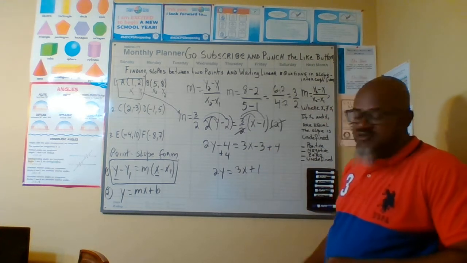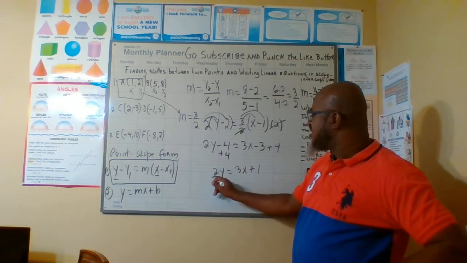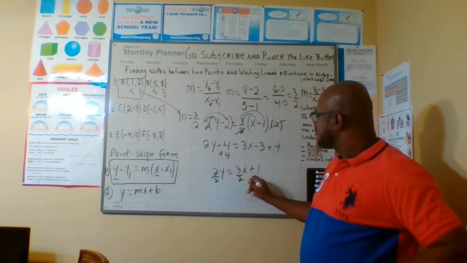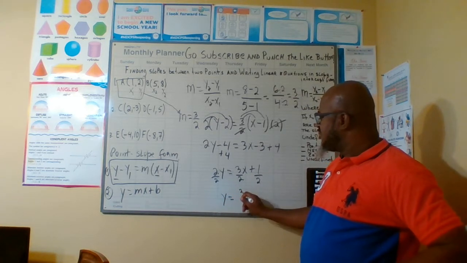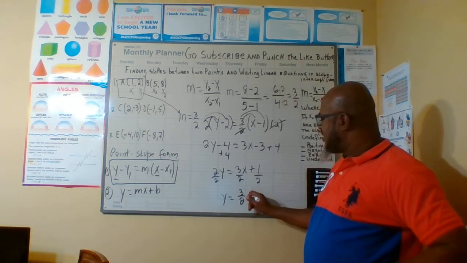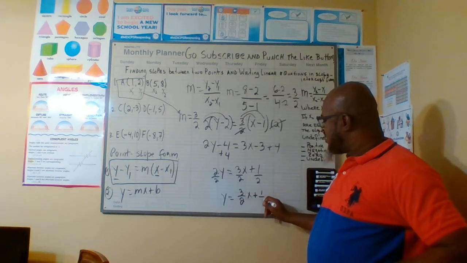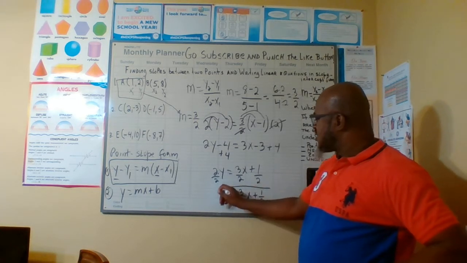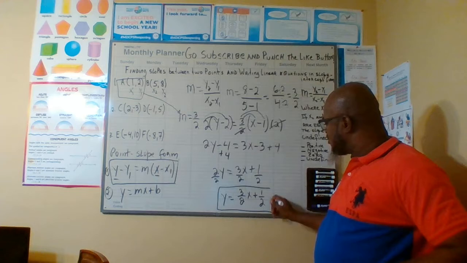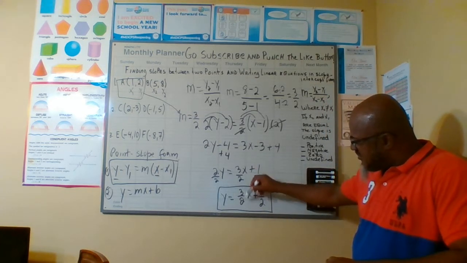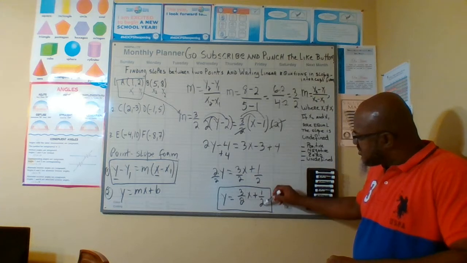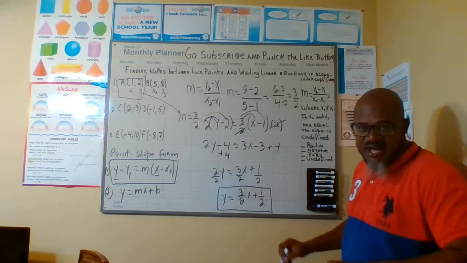Now the only thing you have to do is get y by itself, so you divide by 2. Then you end up with y equals 3/2 x plus 1/2. And this is our equation in slope-intercept form. This is the slope, 3/2, and this is where it touches the y-axis, at 1/2.